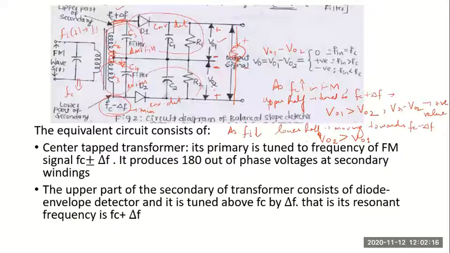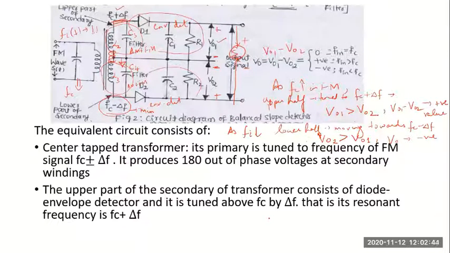V02, the final output voltage from the lower half, will surely exceed V01 because the lower part is achieving tuning. So when this happens, what happens? When V02 becomes greater than V01, the output voltage will be negative, and when V01, this part, is more than V02, the output voltage is positive.